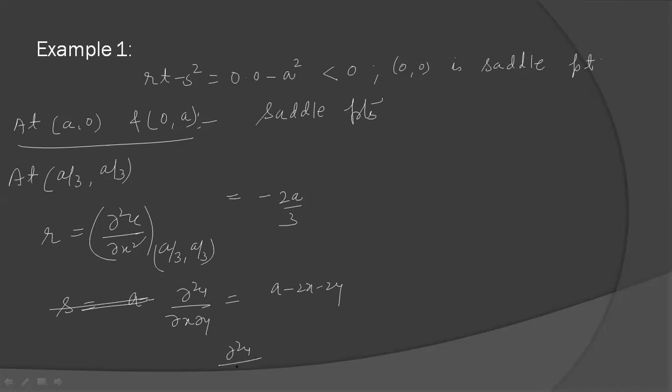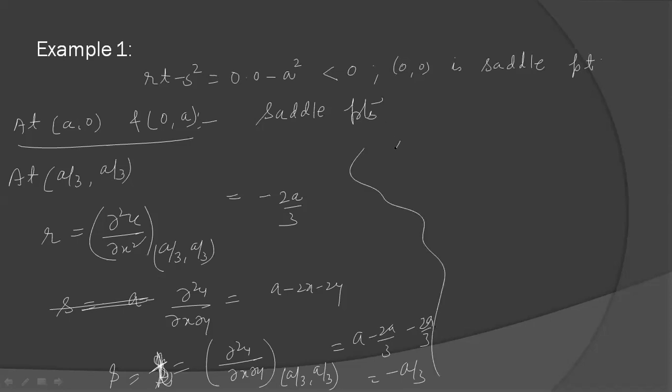So at a by 3, a by 3, it is a minus 2a by 3 minus 2a by 3, so it is minus a by 3. And similarly, you can find t, that is minus 2a by 3.